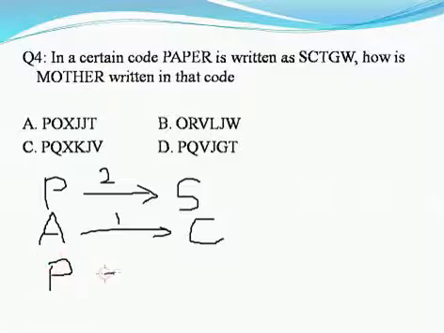Again P, the normal logic should be S, but here it is T. That means for the third alphabet, R, S and T. Okay, P, Q, R, S and T, that means 3 letters. So we need to add 3 to P. So 2, 1 and 3.